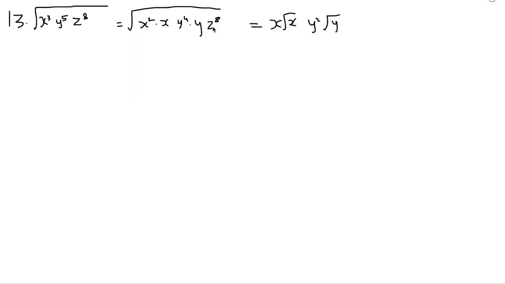Now if we take z to the power 8 outside, so 2 times 4 equals 8, it becomes z to the power 4. So we can rewrite this as x y z square root of x y. The power 4 goes here, power square goes here. So this is the right answer.